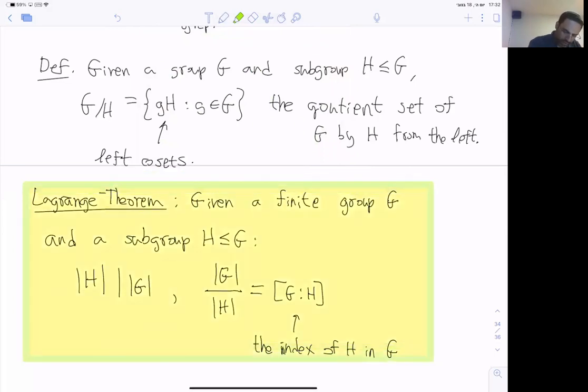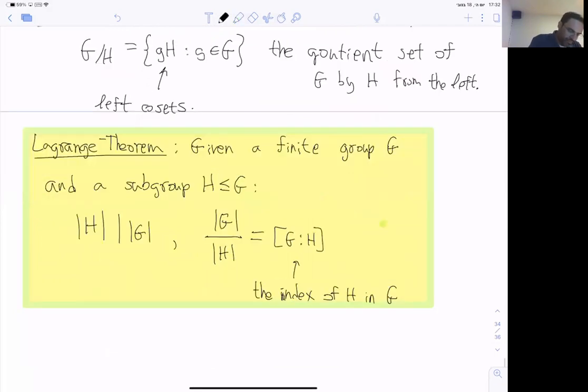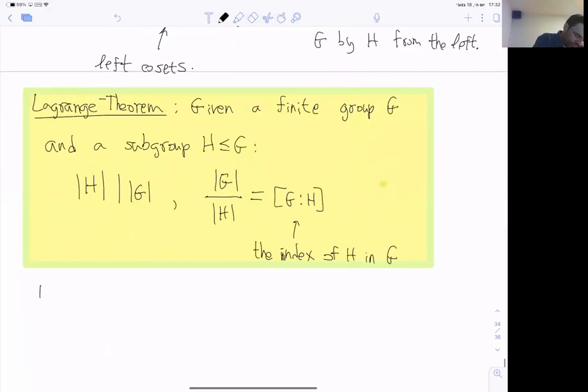Now, why do I say that this is immediate? Of course, this is also the number of cosets. Why is it all the same thing?